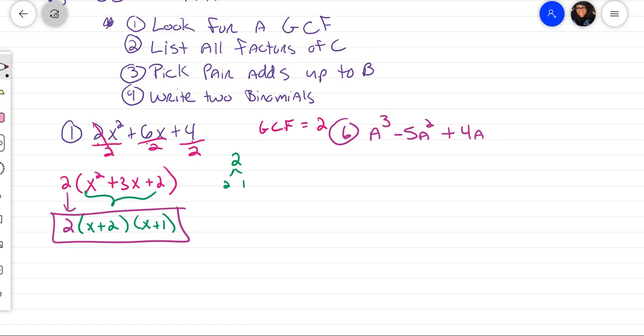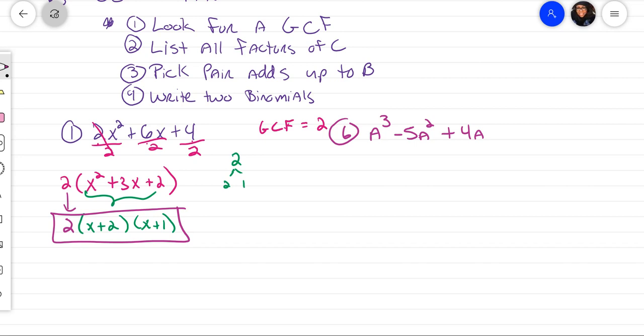So for this one, if we look at the terms, one of the signs that the GCF is a letter or a variable, not a number, is the fact that, first of all, it's a cubed. We're working with quadratics, so seeing an a to the third power should be a little alarming because everything else was to the second power. So that's the first sign.